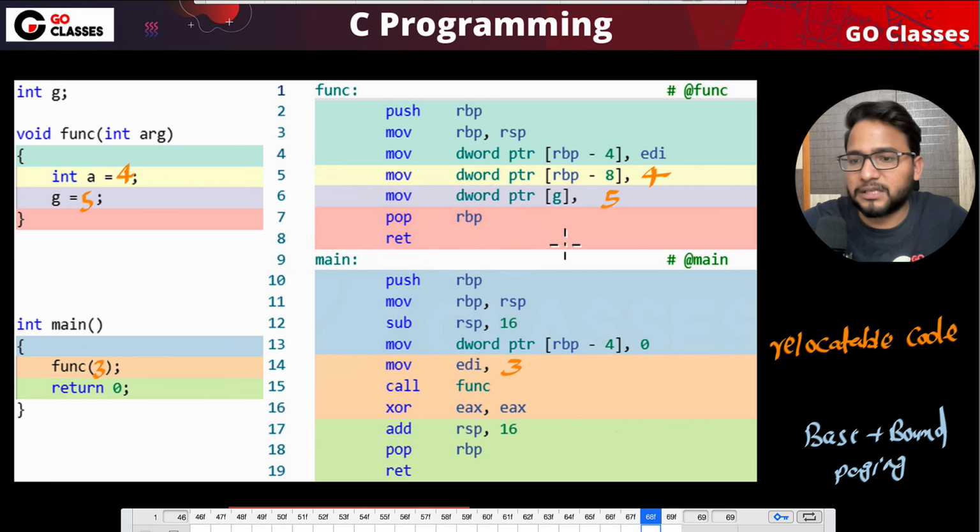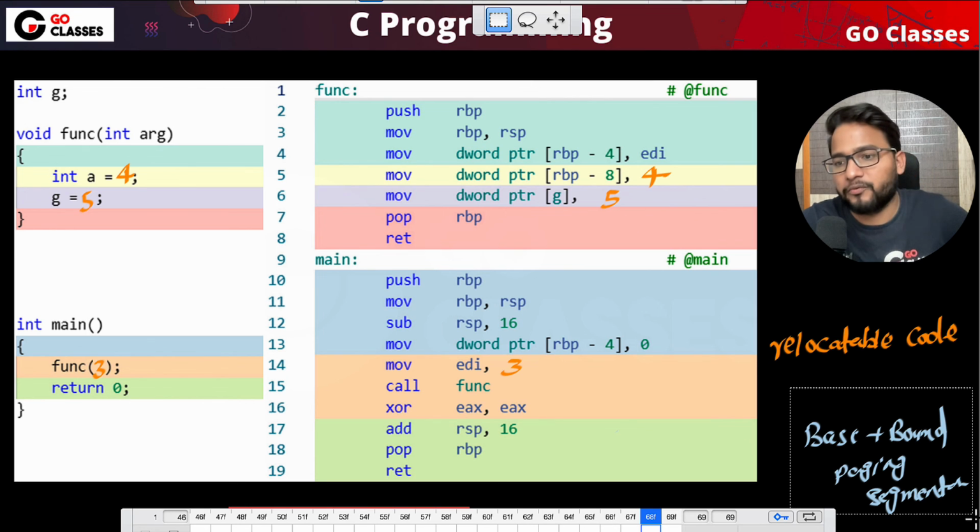So there are different methods to load the program in the main memory, and based on that, the operating system will generate the physical address.